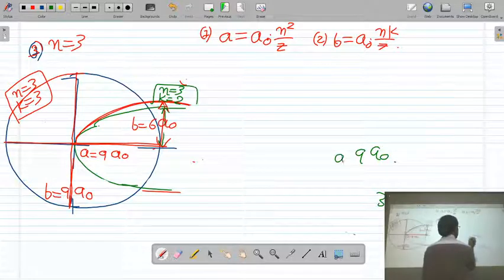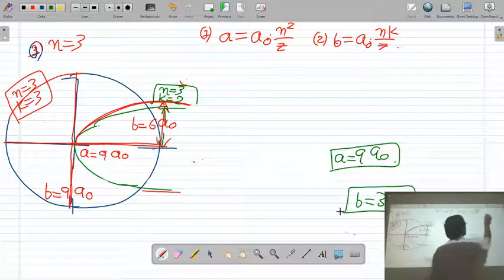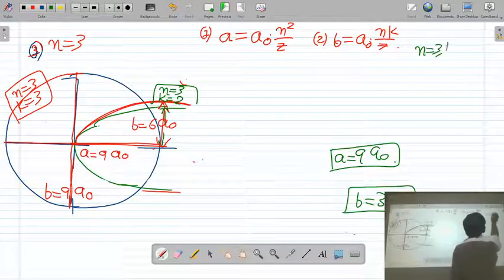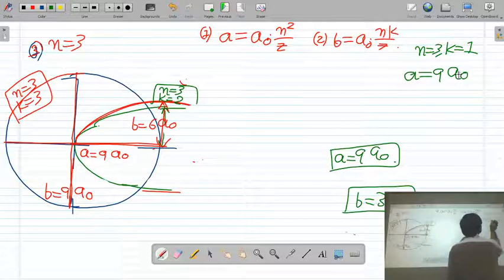This is semi-major axis. This is semi-minor axis. So for n equal to 3, k equal to 1, the length of the semi-major axis is 9A0 and length of the semi-minor axis is 3A0.